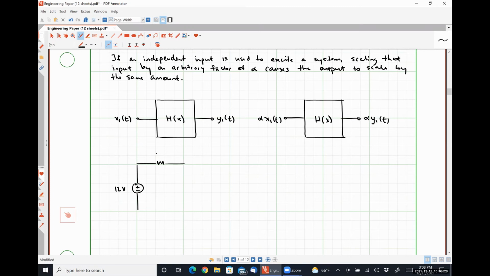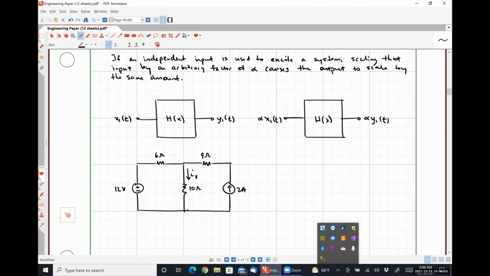We're going to leave the resistors alone. And I'm sorry, I should double that 2 amps to 4 amps, my apologies.